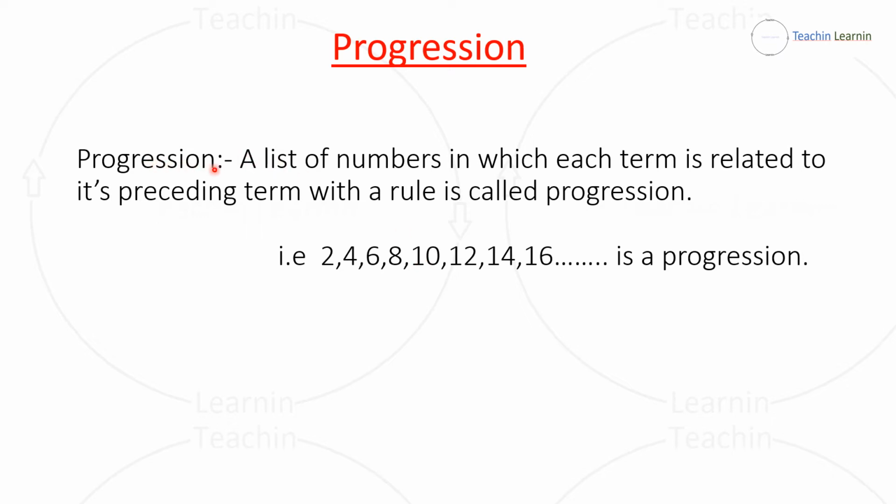So what a progression is? A list of numbers in which each term is related to its preceding term with a rule is called a progression. I think now you have got the concept of progression.